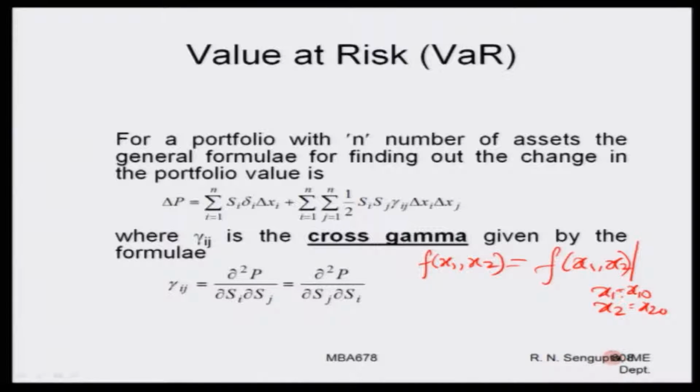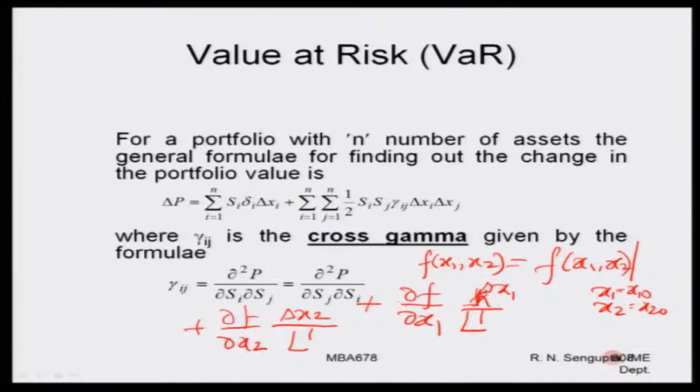This is the first expansion. Then it will be del f by del x1 multiplied by h by factorial 1. Technically this h is delta x1, and the next term would be del f by del x2 into delta x2 by factorial 1.